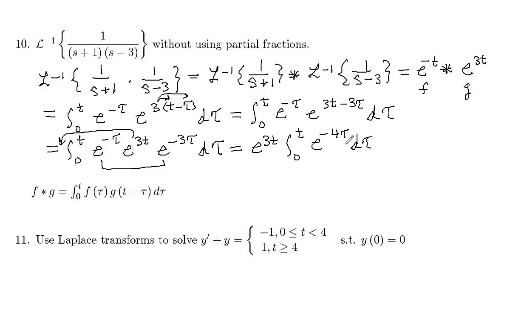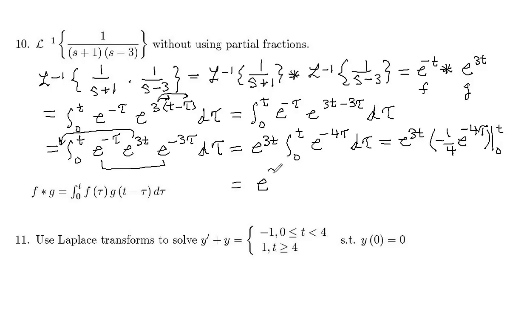To differentiate an exponential, you'd multiply by the negative 4. To integrate, you're going to divide by it. So we got that e to the 3t out in front, and then the antiderivative here is going to be negative 1/4 e to the negative 4 tau, and that's evaluated from 0 to t.